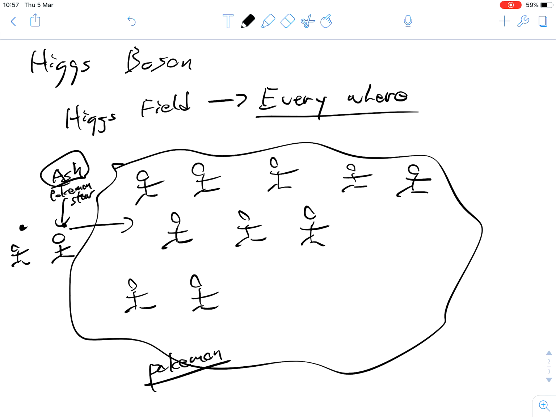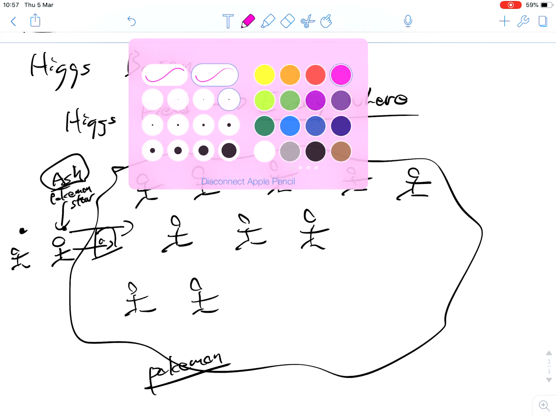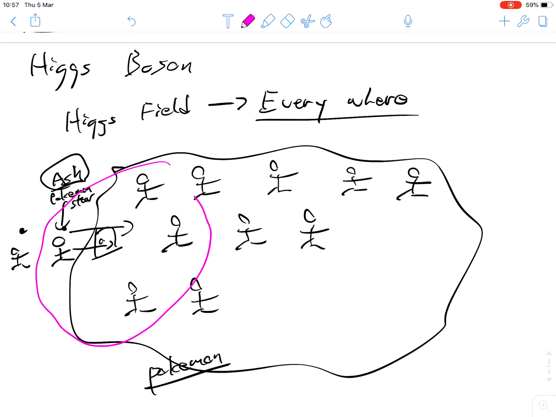And so what happens then is that people closest to the door that Ash Ketchum enters will start to crowd around him. Okay, and they'll be like, oh, can I get a selfie with you? And so as he moves through the room, let's say this is Ash Ketchum in pink here, more and more people will be drawn towards him.